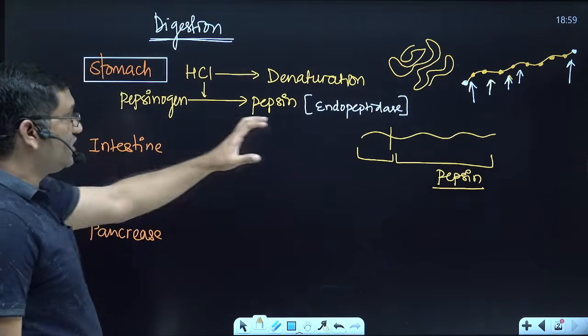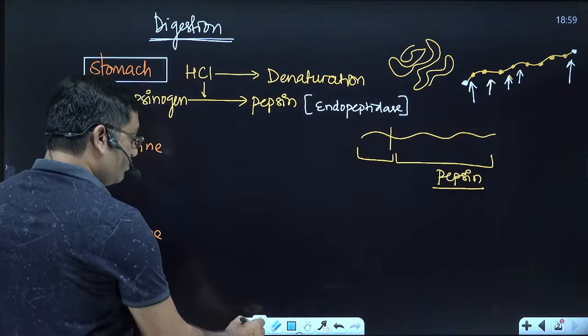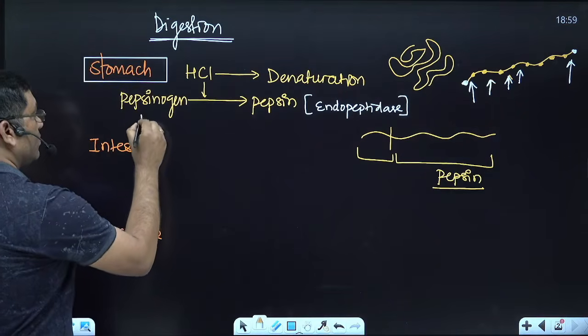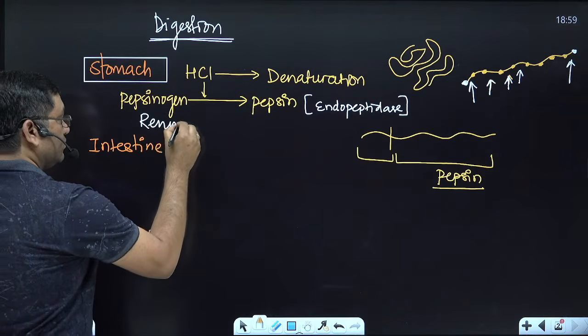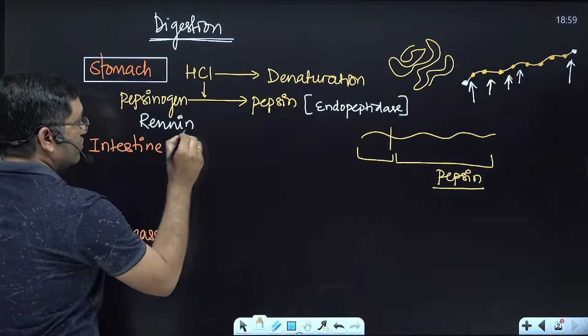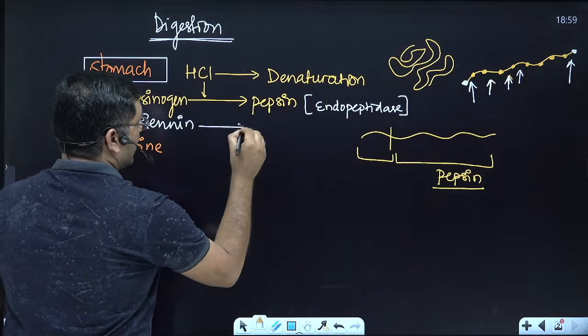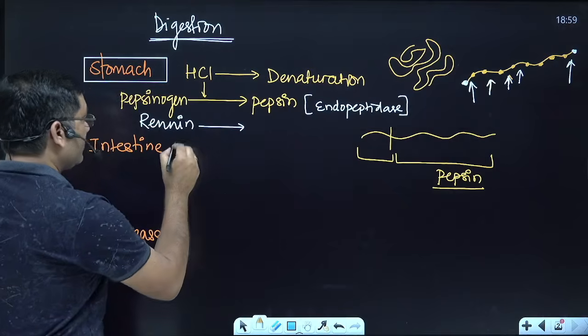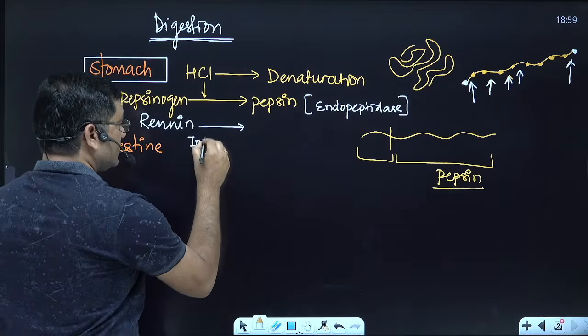So pepsinogen is converted into pepsin, and the third important enzyme is rennin. Rennin is chymosin. It is an enzyme present in the infant, not present in the adult.